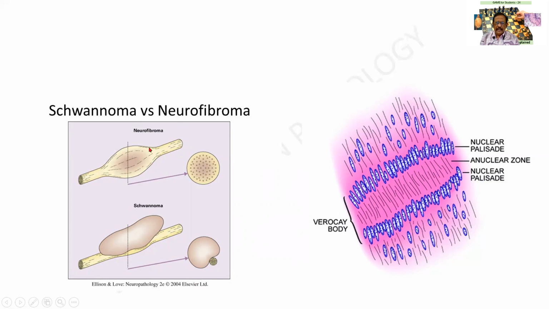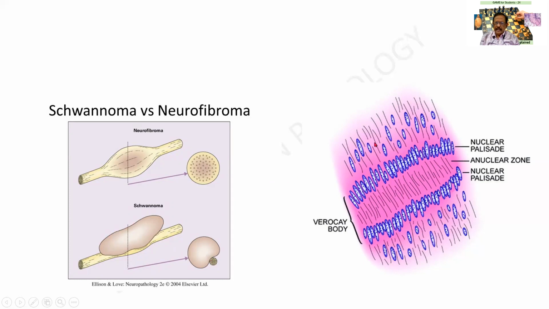You find that there is a spindle or an ovoid shape. And this is a cut surface of it. Multiple nerve fibrils are found within. Whereas in the case of a schwannoma, it is eccentric, arises from the nerve sheath, and it is encapsulated. This is how the cut surface will appear.